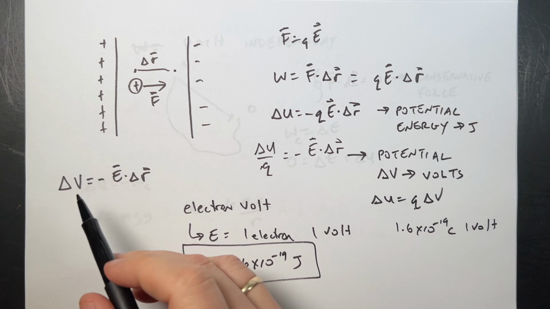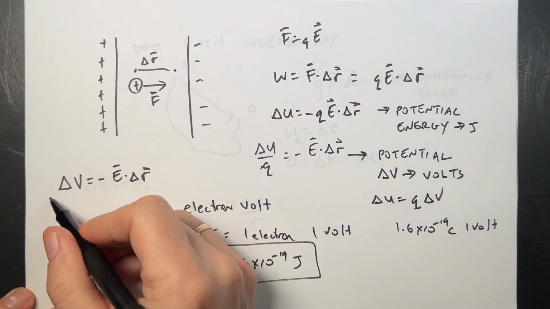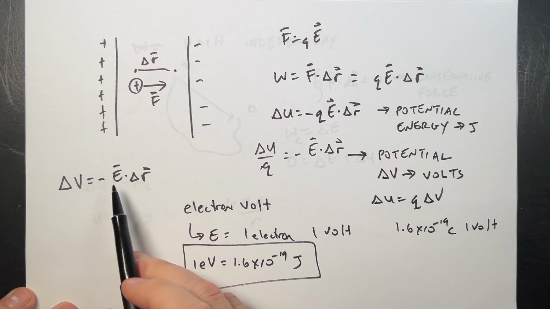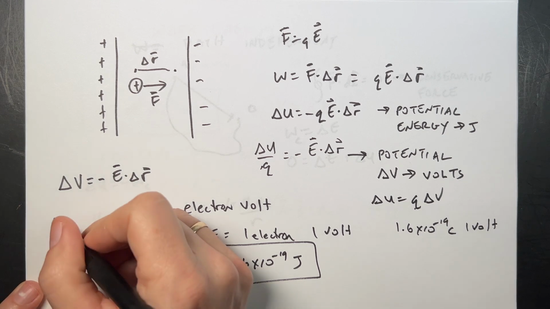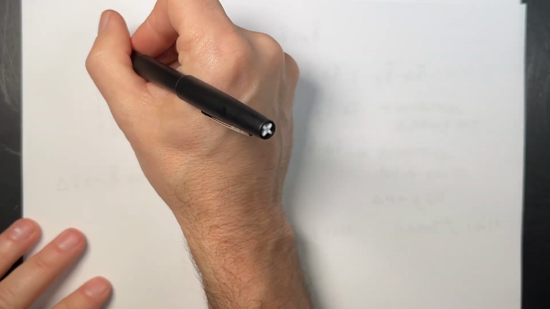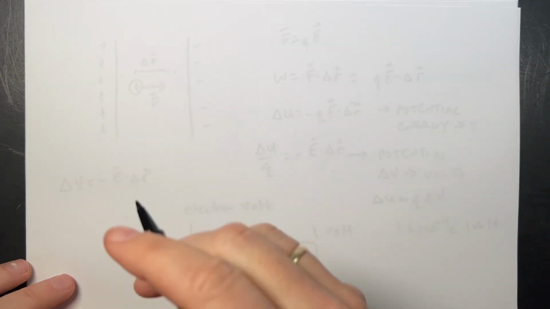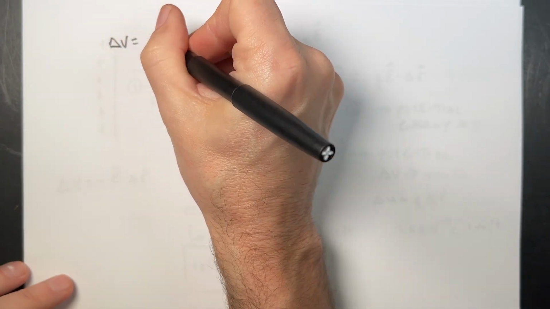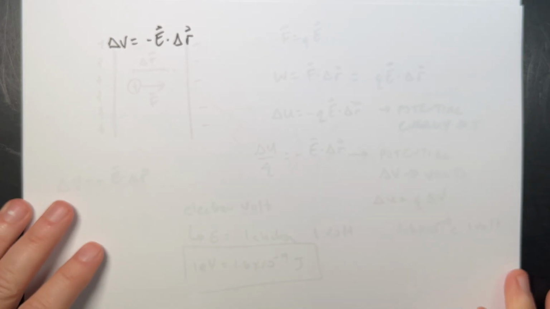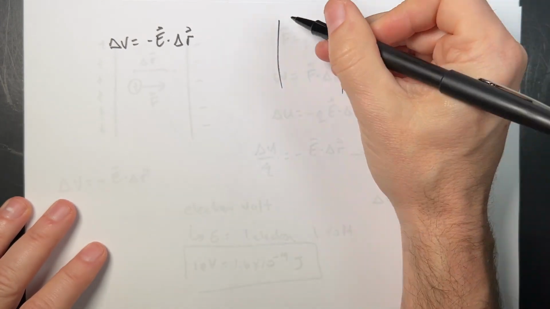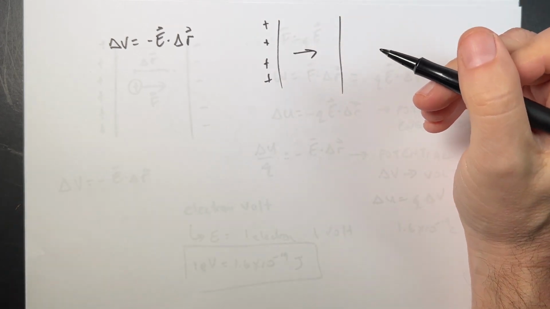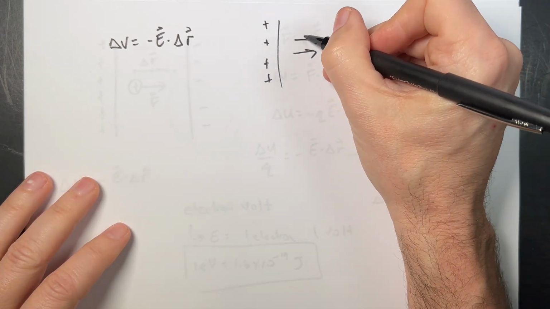Okay, let me go back one other step right here, because suppose that I write my electric field. Let me put this on another piece of paper. So we're still in a constant field, and I have right here delta V is negative E dot delta R. So suppose I have this parallel plate, and the electric field's in the x direction, but I don't really care, and I'm moving in the x direction.